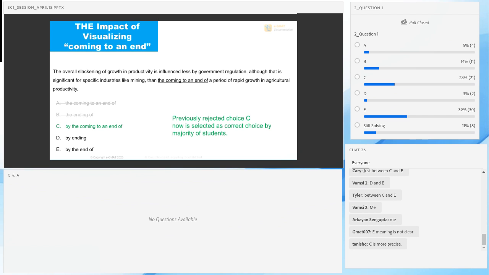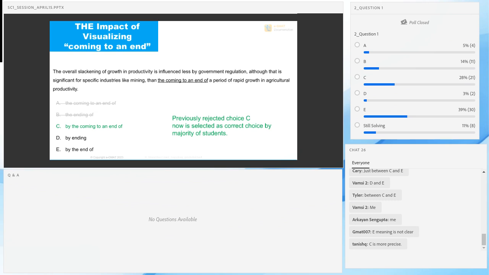And this is the reason why we say that you need to spend the majority of your time on choice A so that you can extract every single aspect from it, because those aspects are what you will use to evaluate the other answer choices. In this case, from the original sentence, the way the answer choices were worded, you simply needed to extract two aspects. One was the comparison, right?